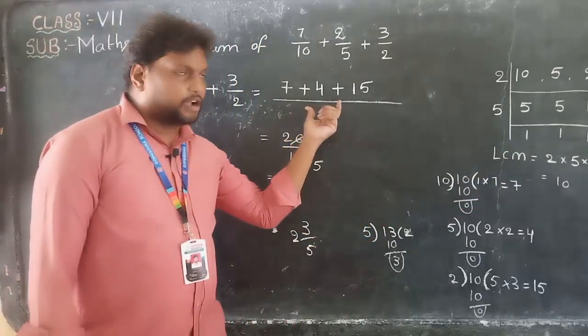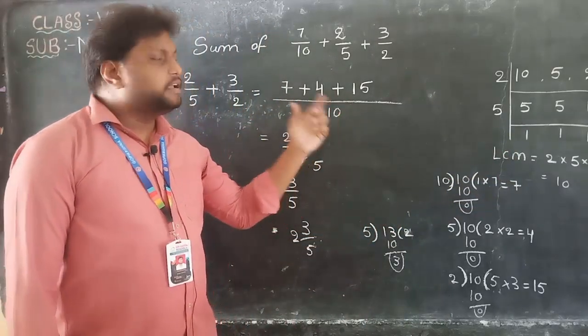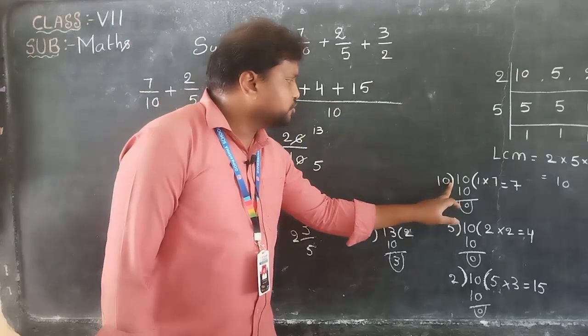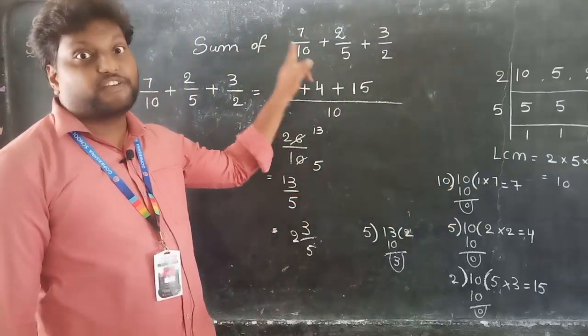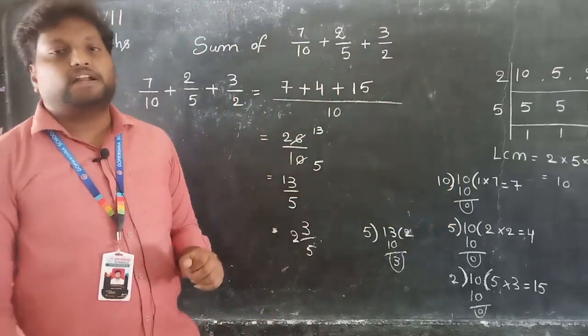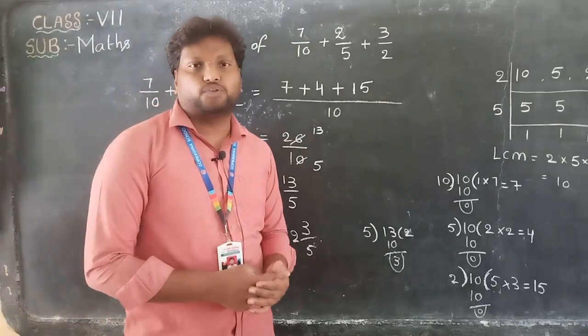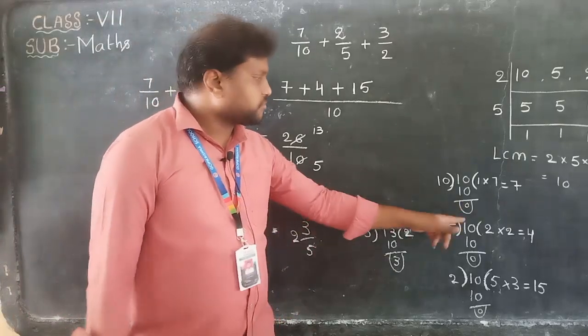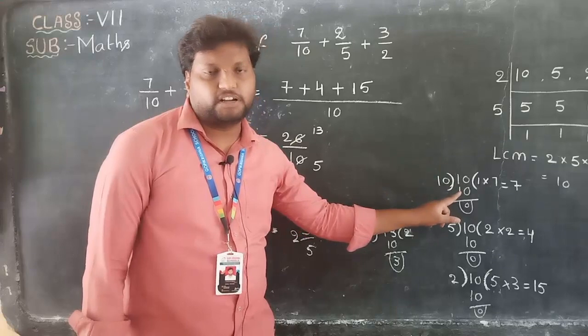Taking the LCM value as the common denominator, first of all divide it by the denominator of the first fraction. Not only the first, for each and every fraction, first divide by the denominator.